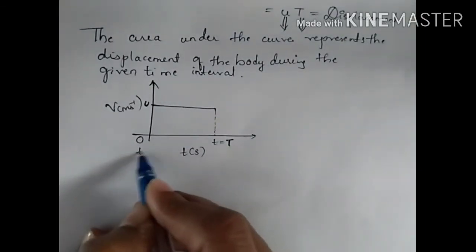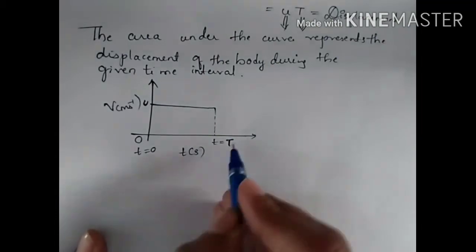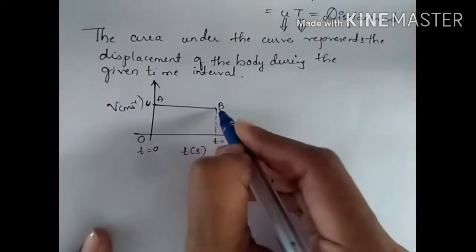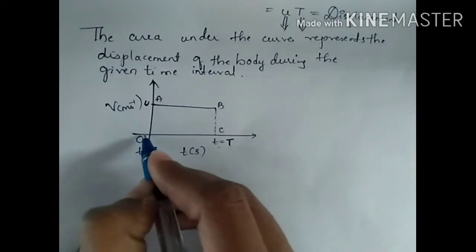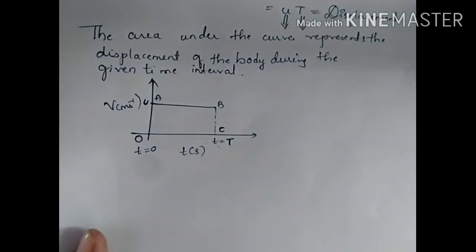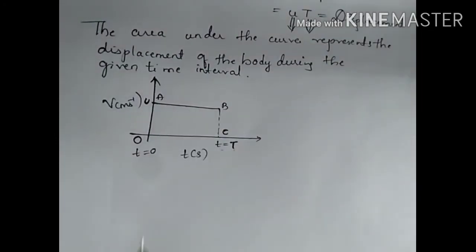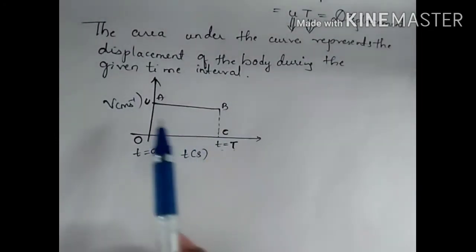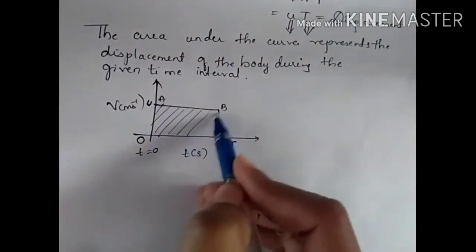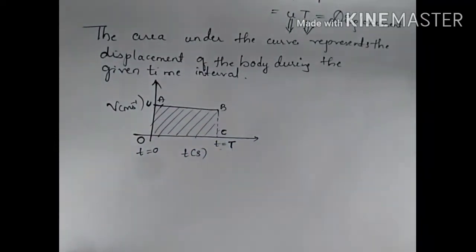So if t equals 0 here and t equals T here, let ABCO be the rectangle.